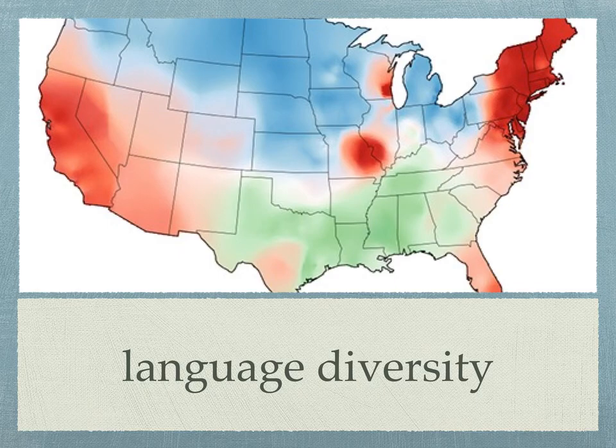this is showing different dialects for what my family calls soda. So if you look, the red areas of the country call the fuzzy, fizzy, sweet substance soda. The blue is pop. Green is Coke. Yellow is soft drink.